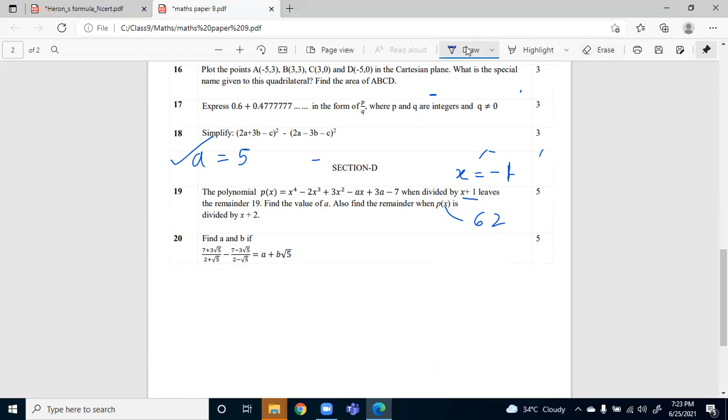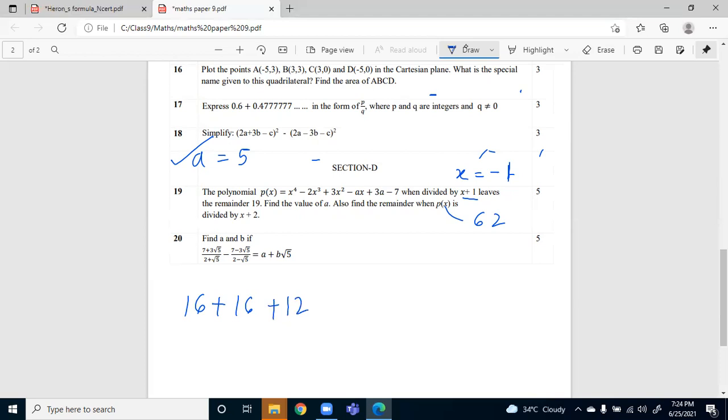When you substitute minus 2, minus 2 to the power 4 is 16, minus 2 to the power 3 is minus 8, so minus 8 and minus 2 makes plus 16. And minus 2 to the power 2 is 4, so 4 plus 3 is 12.